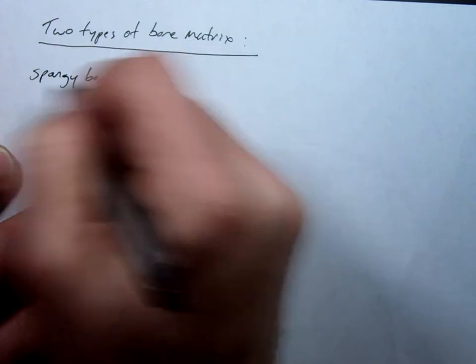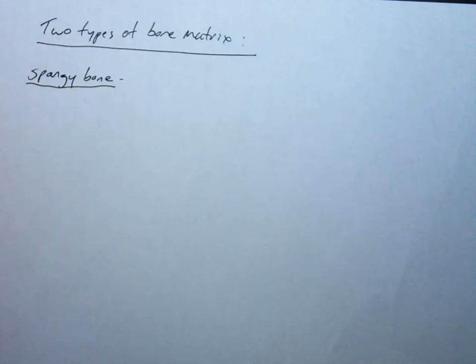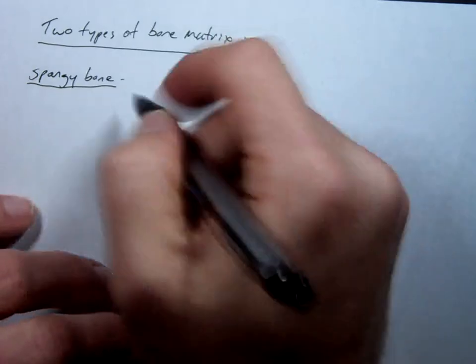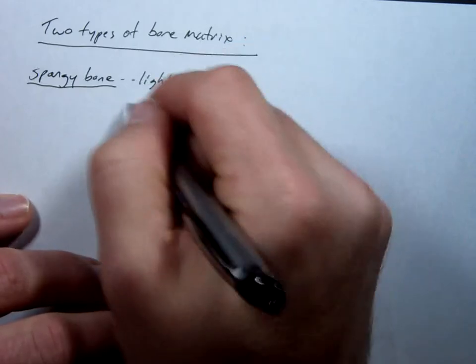Now, spongy probably conjures up images of a kitchen sponge in your mind, and you think of its flexibility. The only thing it really has in common with the kitchen sponge is that it has a bunch of holes in it. Spongy bone is light. Okay? Has a lot of holes in it.